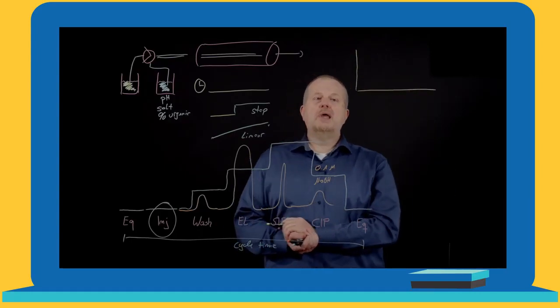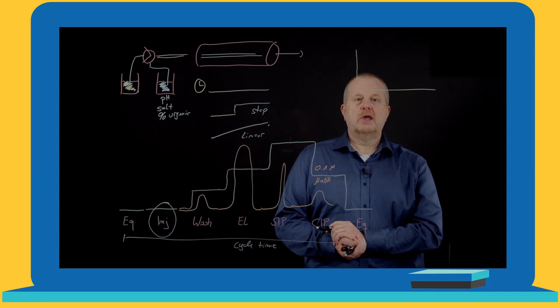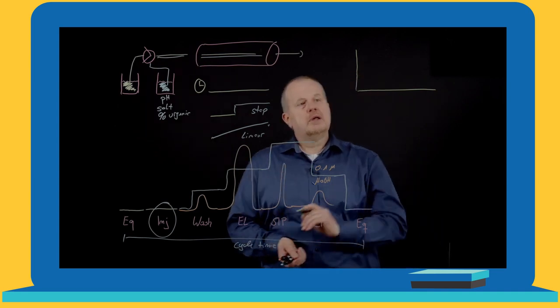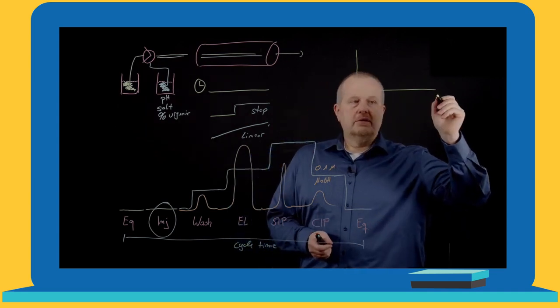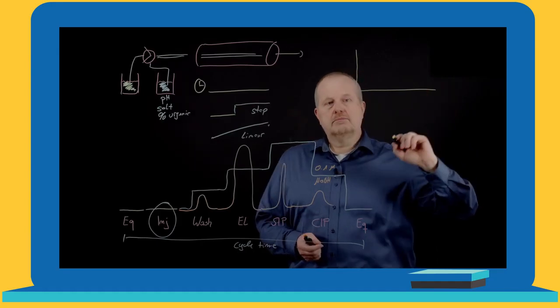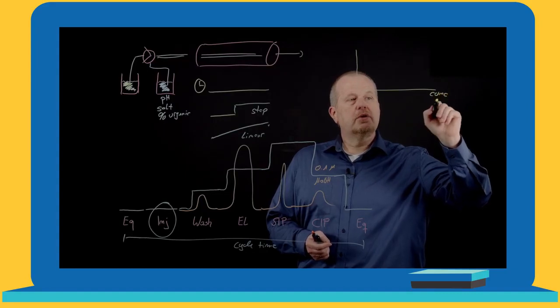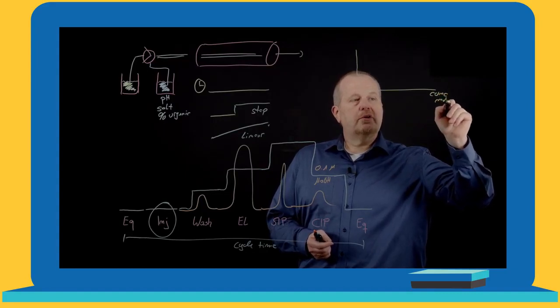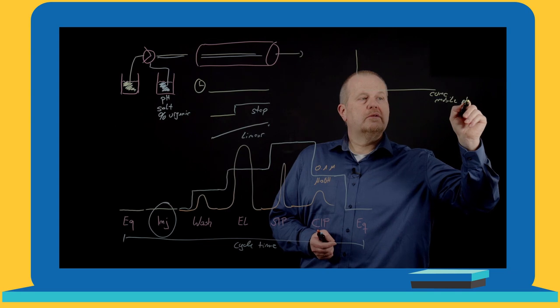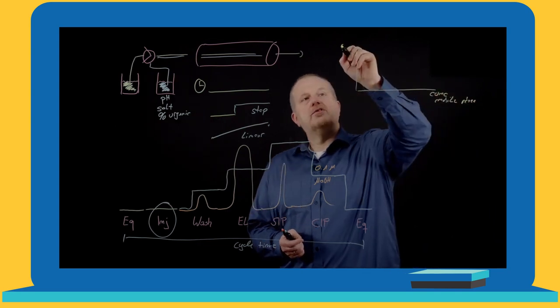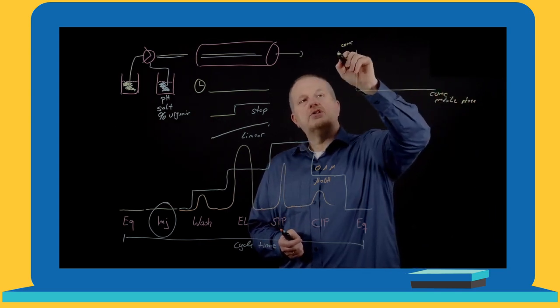And for that, we have to have a look at the adsorption isotherm. The adsorption isotherm is a simple equation where we have the concentration of our compound of interest in the mobile phase and the concentration on the stationary phase.